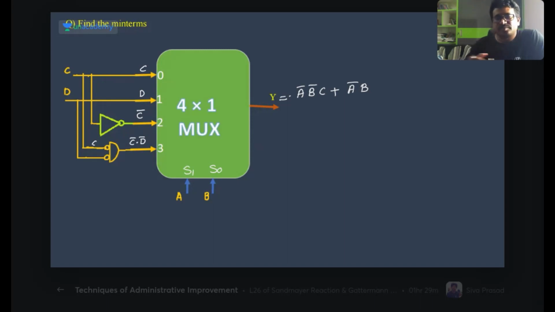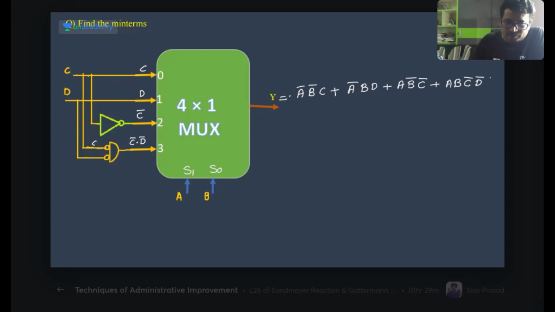A bar B into D, plus A B bar into C bar, plus this is A B into C bar D bar. This is the expression now here.